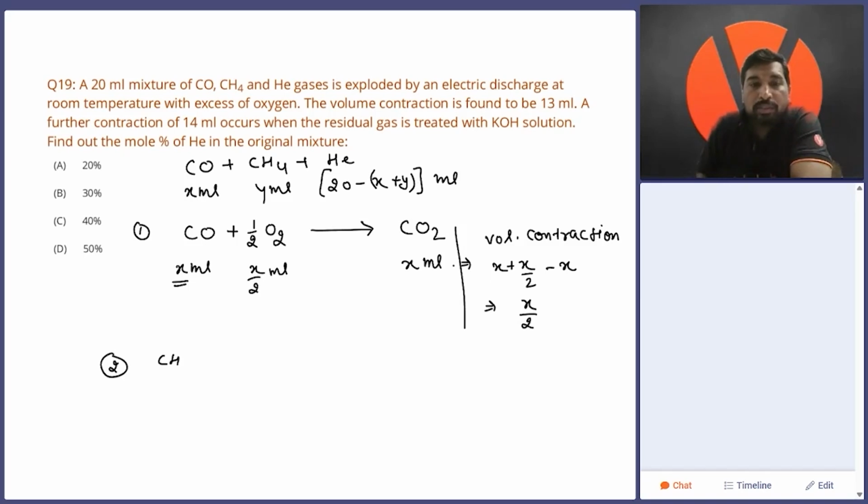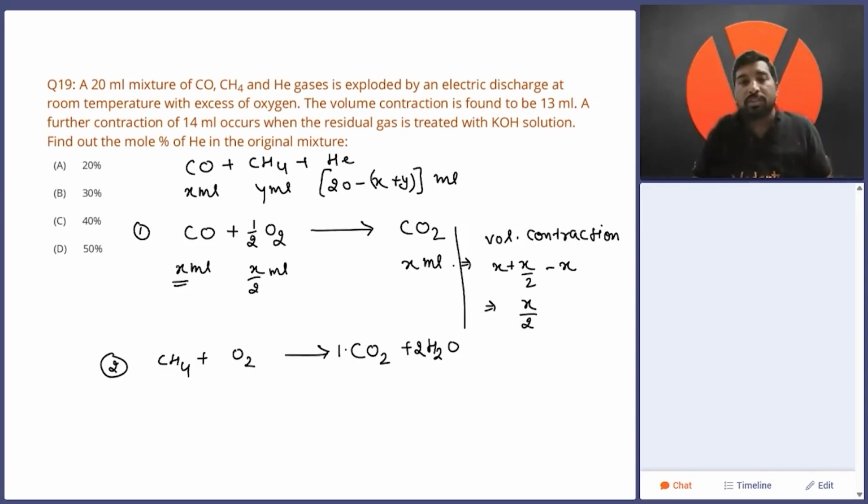In the case 2, CH4 reacts with O2 and it gives CO2 plus H2O. Now balance the chemical equation. CH4, 1 carbon is present here, so that should be 1, and 4 hydrogen is present, so it should be 2, and on the side of product there are 4 oxygen, so it should be 2. The volume of CH4 is Y mL.